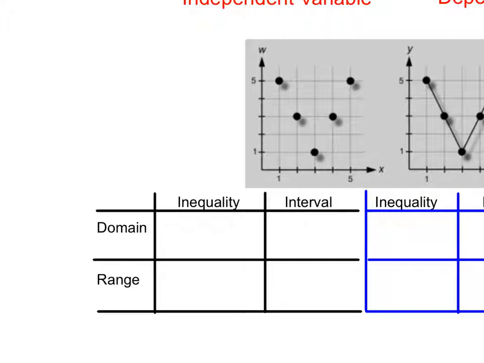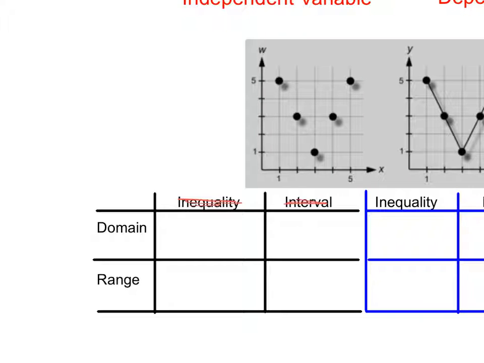I want to look at inequality and also interval notation. But actually start with one that doesn't really have either of these, because this is not continuous, it's discrete. In other words, we're just dealing with individual points, individual values here. Okay? So for our domain, what does X equal in this case?